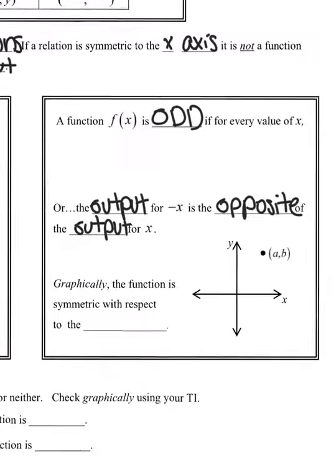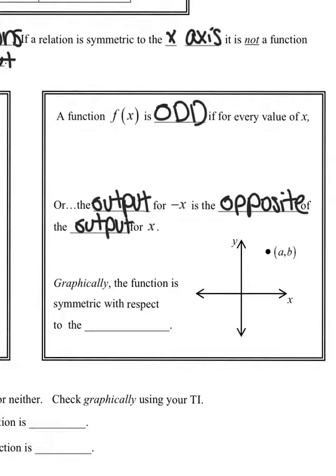The other one is going to be an odd function. An odd function is a function where every output for negative x is the opposite of the output for x. So if you plug in a, you get out b, and if you plug in negative a, you get out negative b.